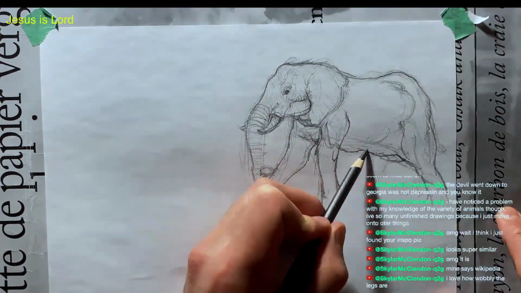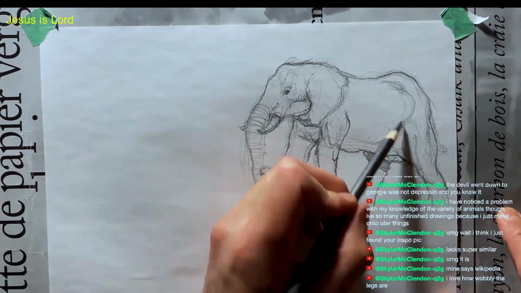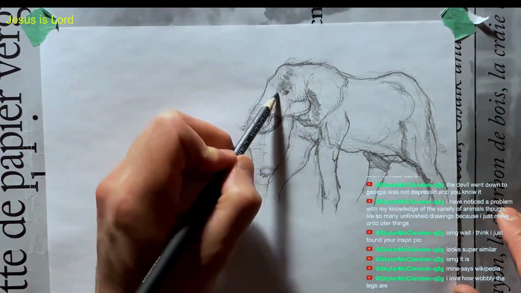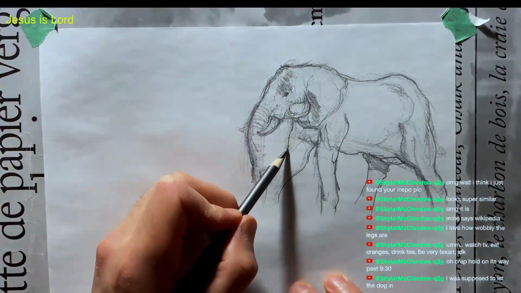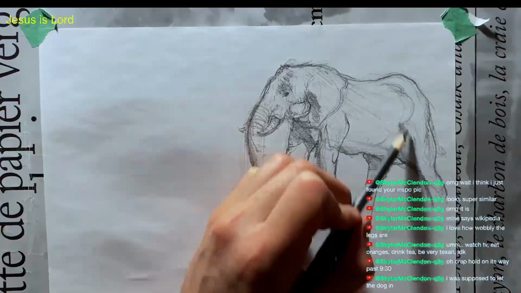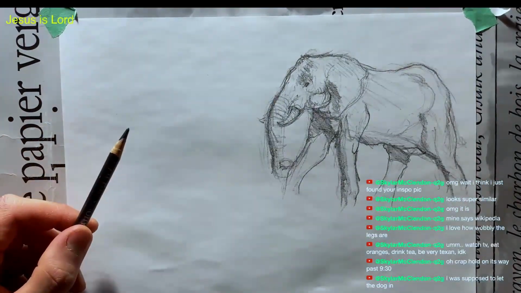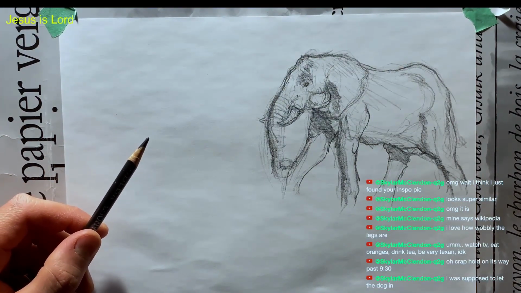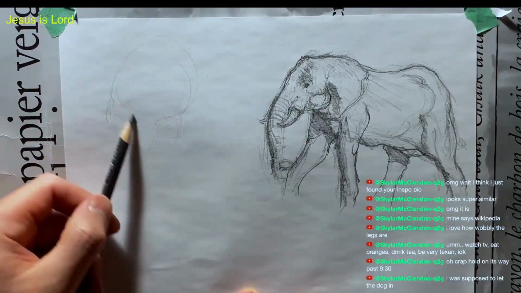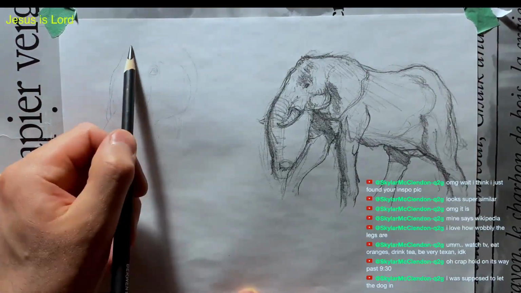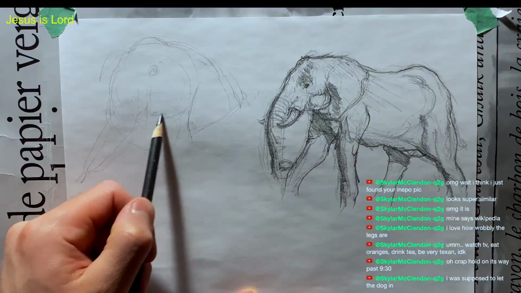Then I look at how many different curves come out of the shapes, and I try to imagine where the bones are, where the muscles are. Not that I understand the anatomy of these animals, but you could still relate them to how humans are constructed.